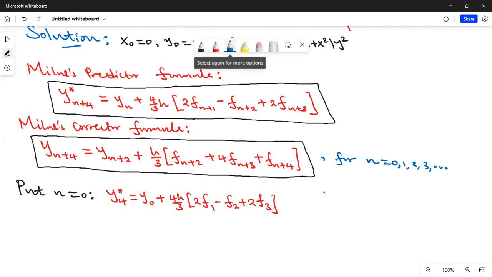So how do we calculate those functional values, f1, f2, f3? Remember, when I write f_n, it is the same as f of x_n, y_n.